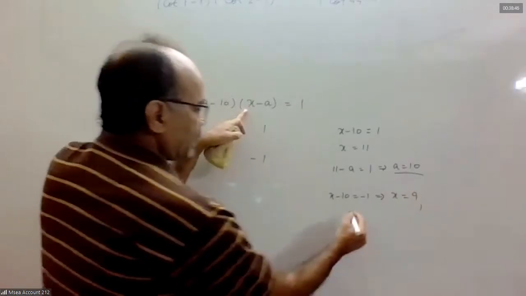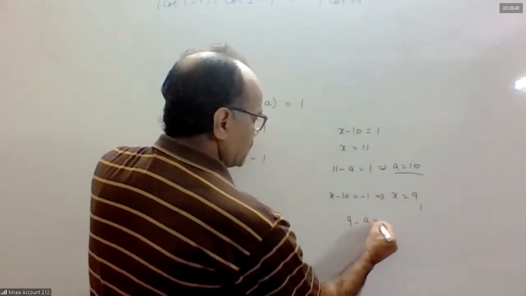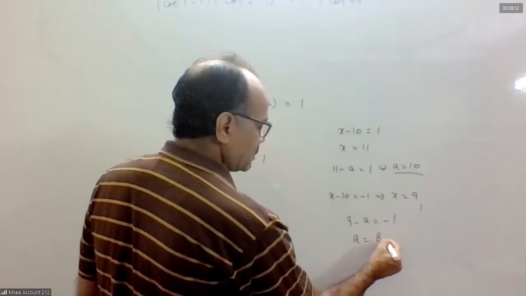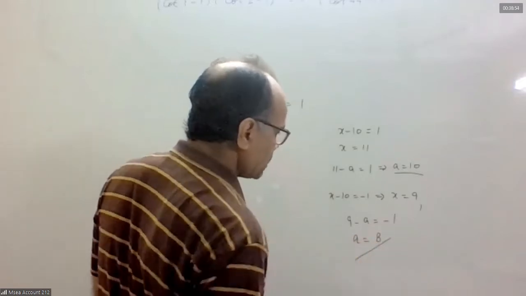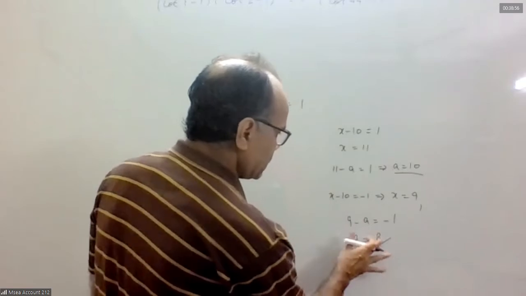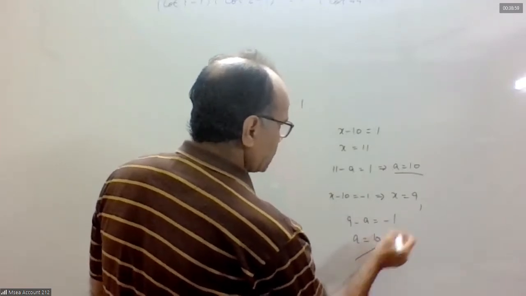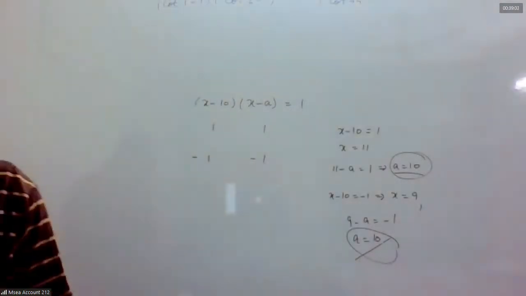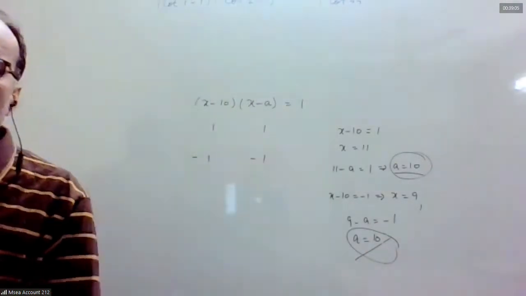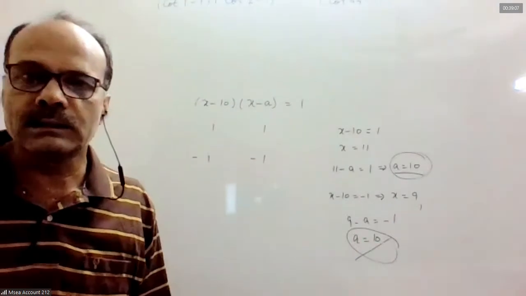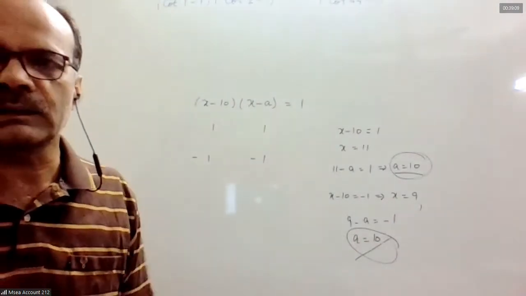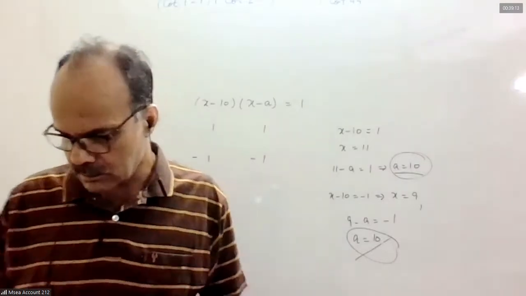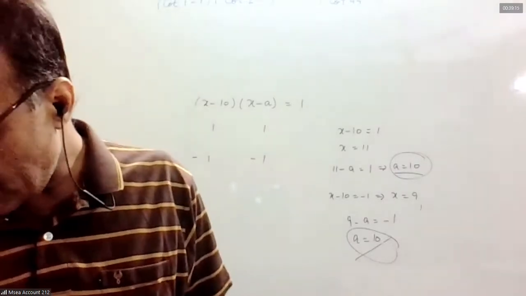If x is 9, 9 minus a is minus 1, so a is again 10. In both cases a is 10. He said integral roots: a is an integer, x is an integer, both the factors are integers, and the product of two integral factors is 1. Yes, sir. Got it.